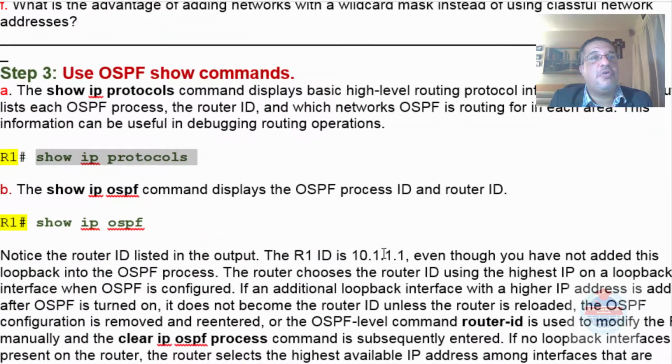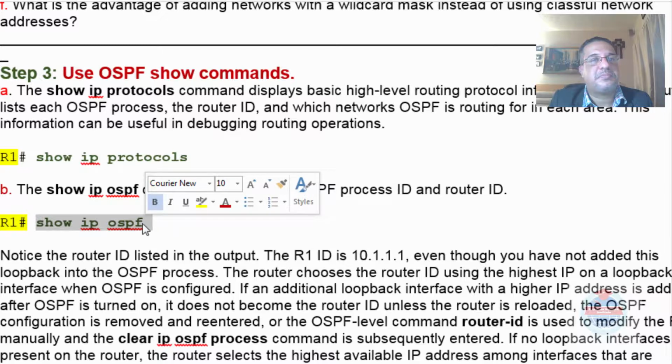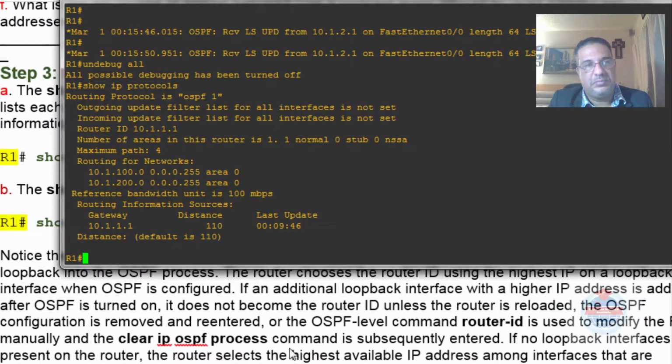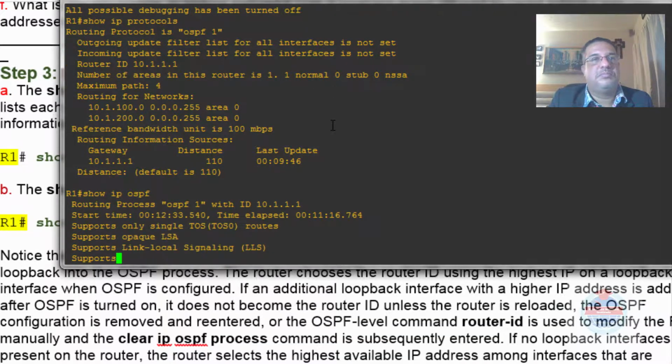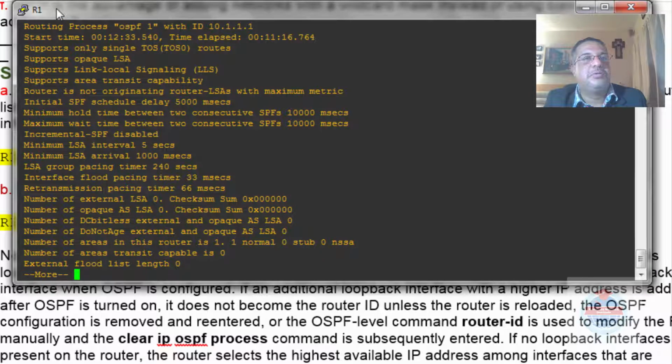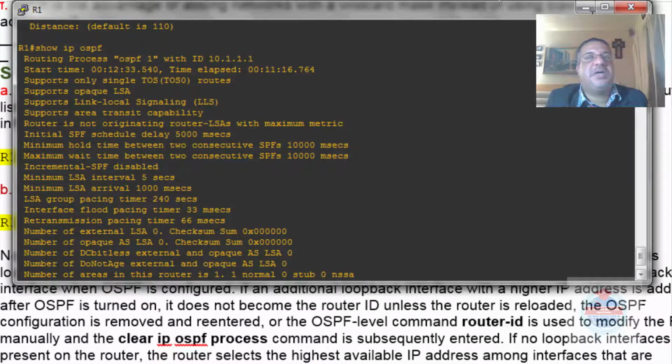Now let's start jumping to the next command. Show ip ospf. Okay, let's start doing this right now. So what do we see over here? Let's check the values.